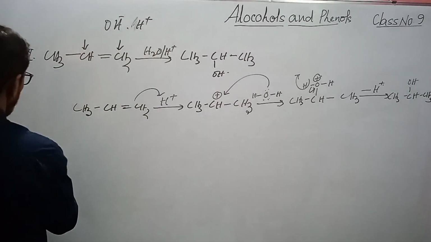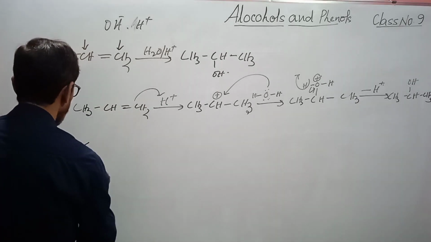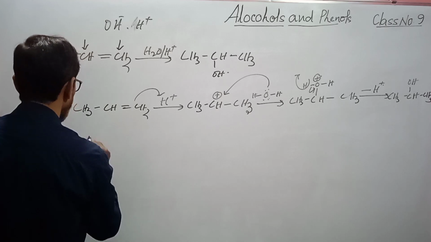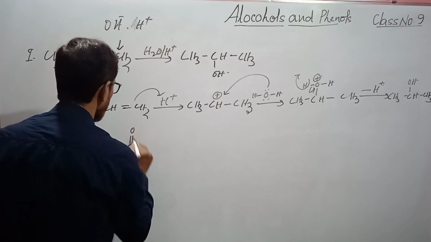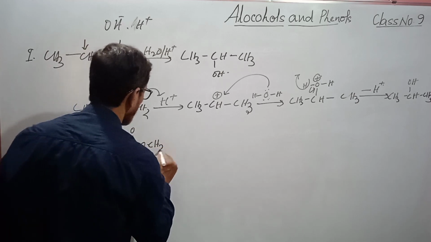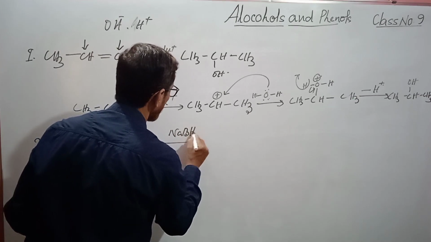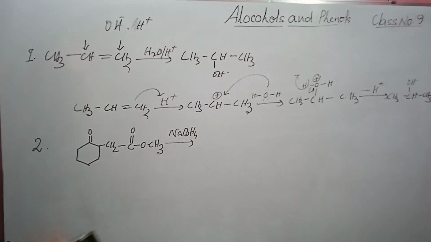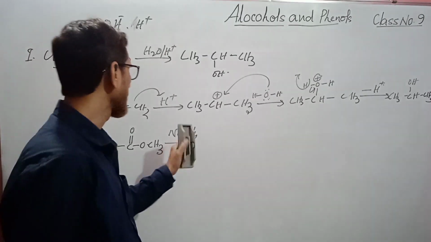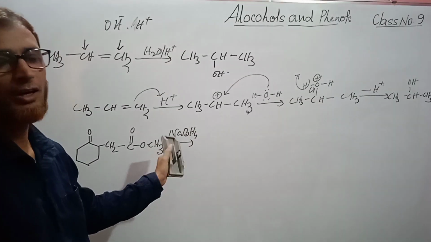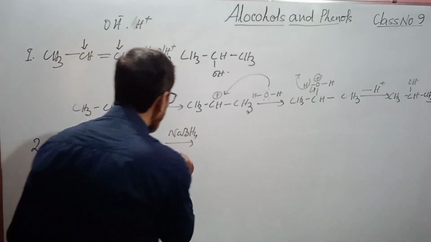Number two is, if you minutely follow the splitting of the contents. I gave an example where NaBH4 is used. I over and over again tell you, if you do not have the idea of the reagent given on the arrow, you can't proceed with anything. It is a reducing agent, and it is a mild reducing agent.